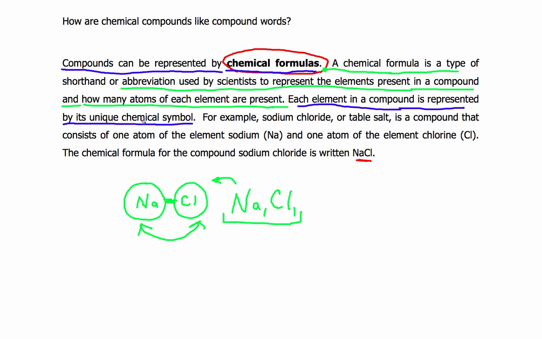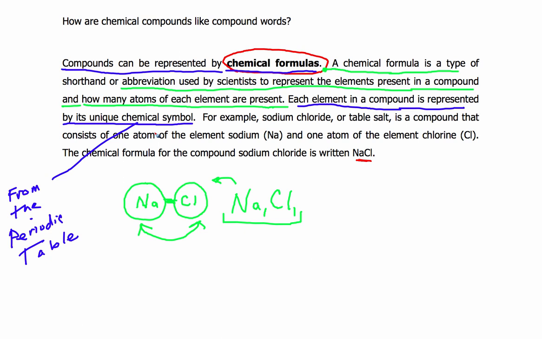This actually comes from the periodic table. So we can make a little note out here: this comes from the periodic table. We're basically talking about the names of the elements there.